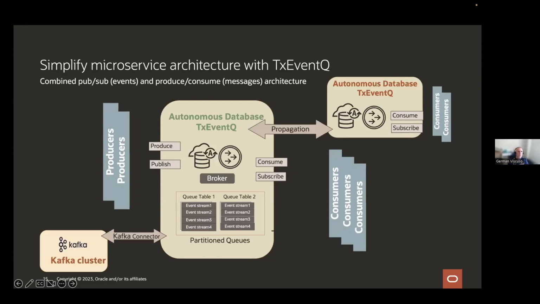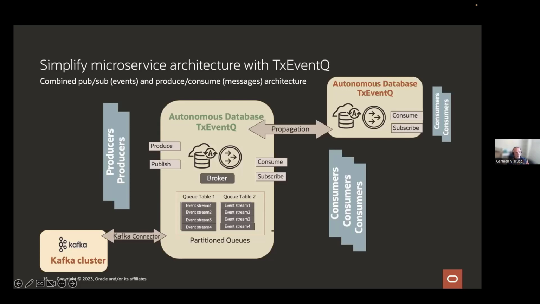There is also a Kafka connector that works with Kafka clusters. As you can see here in the bottom left, you have the concept of a Kafka cluster, which is aggregating a lot of brokers working together. So we can also participate in an event mesh configuration. And transactional event queues basically provide a Kafka Java API that you can use, and you can use Kafka-like REST APIs.